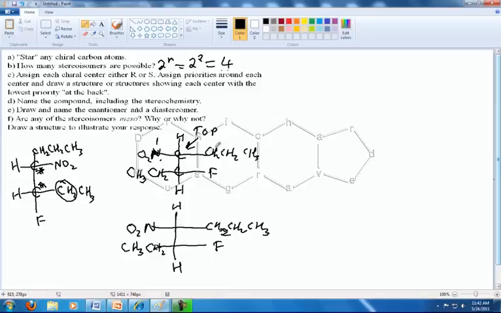Well, we move on. The next atom attached to this C is a C. The heaviest atom attached to this C is an F. That means this group here will be the winner, and this group will get number 3. So these are the 4 groups attached to the top chiral center.